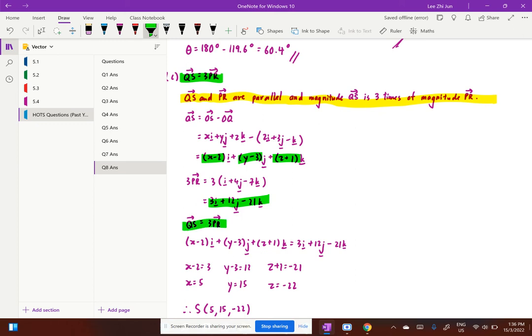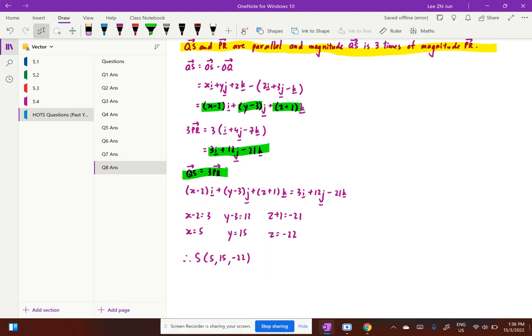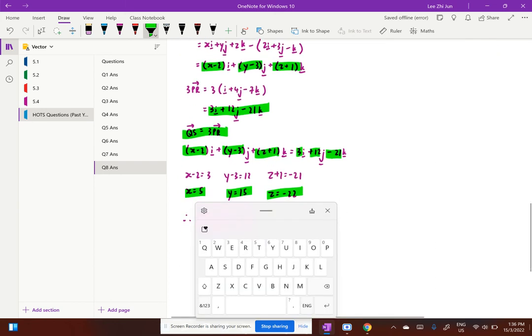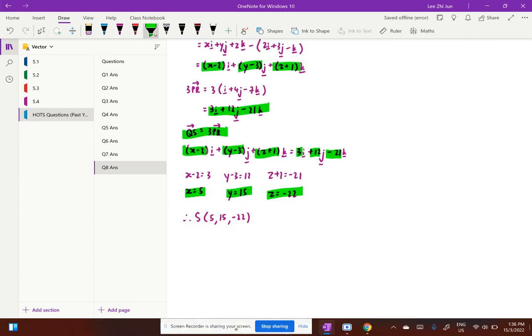So I use QS equals to 3PR. I compare the coefficient of i, j and k. So I get x minus 2 equals to 3, x equals to 5, y minus 3 equals to 12, y equals to 15, z plus 1 equals to negative 21, so z equals to negative 22. So the coordinate of S will be 5, 15, negative 22.